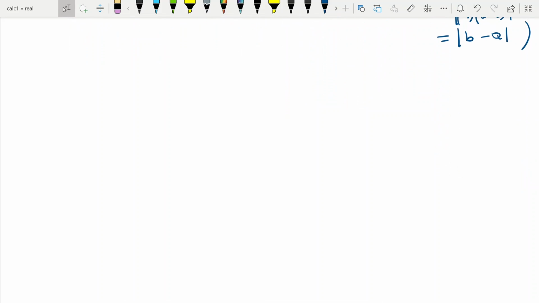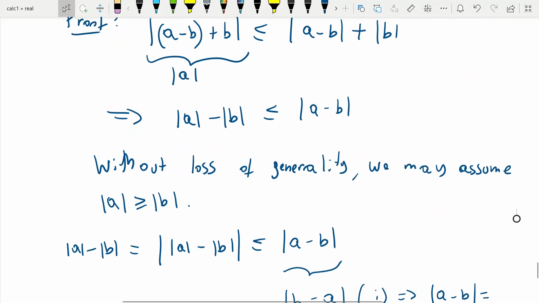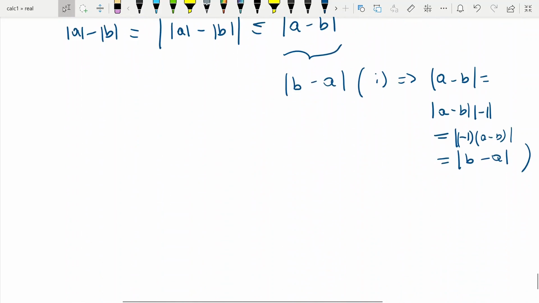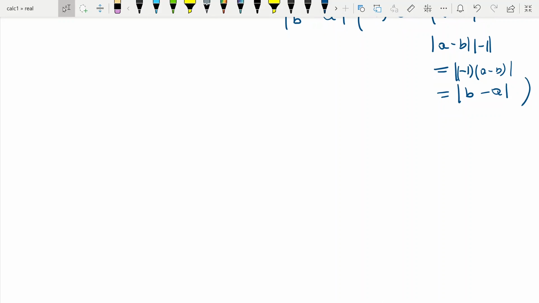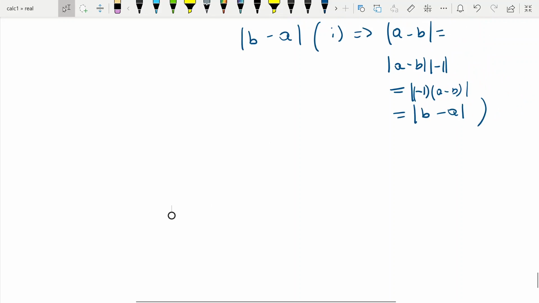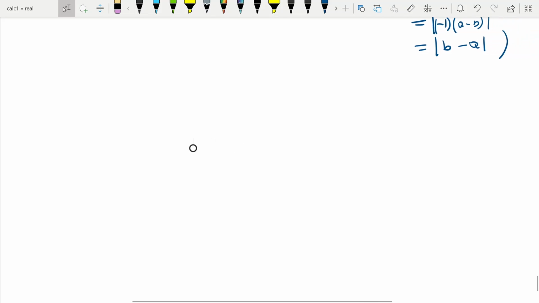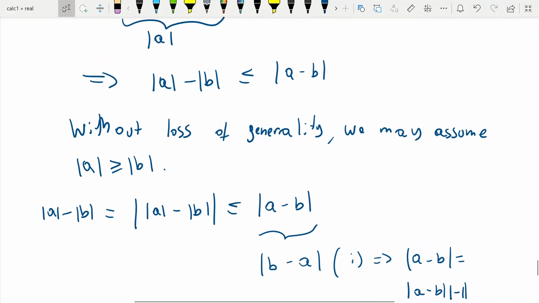Now, another very important thing to keep in mind is that this is the way we're going to use it, and this is something they stop to ponder on in the book.